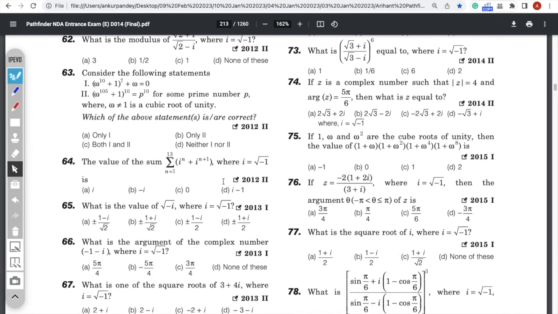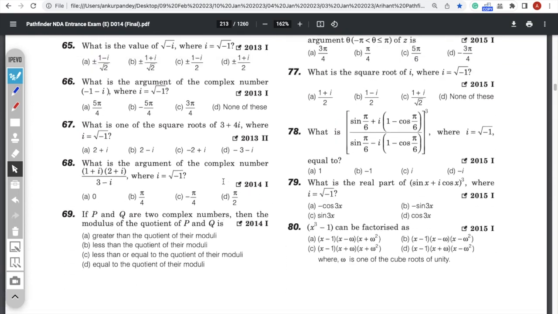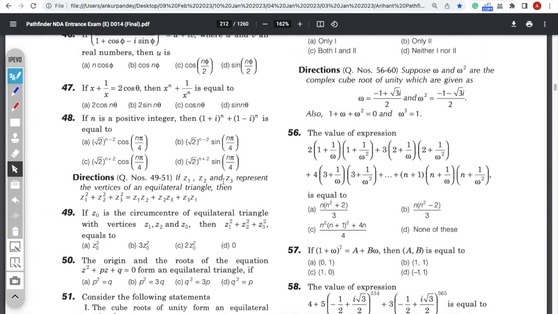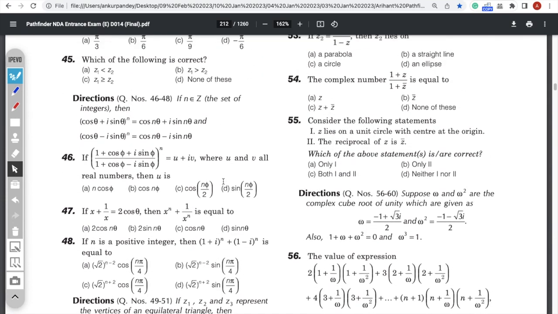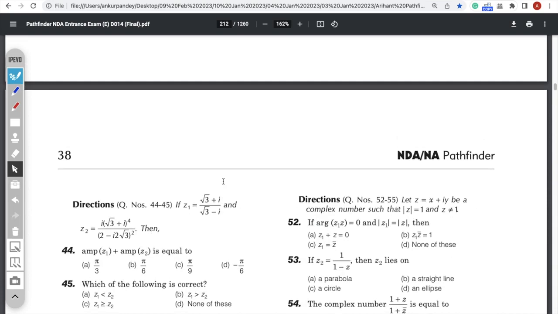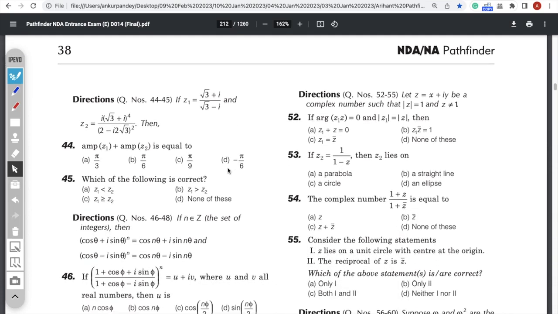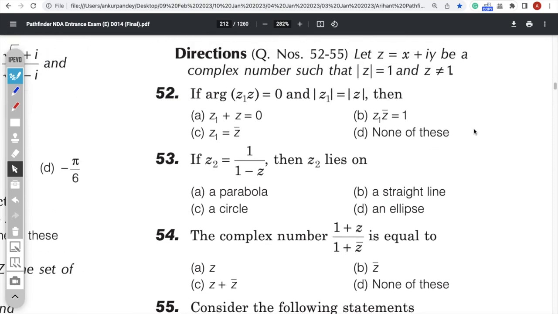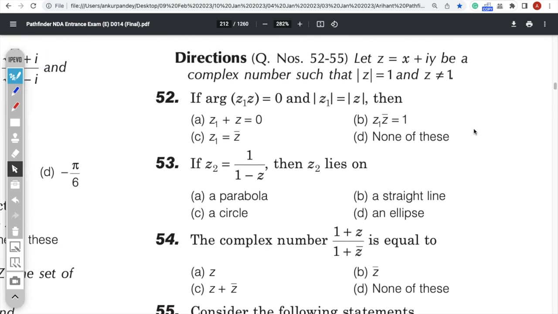Any other question of locus visible? See, 52, 53, 54, 55, where 53 is a question based on locus.